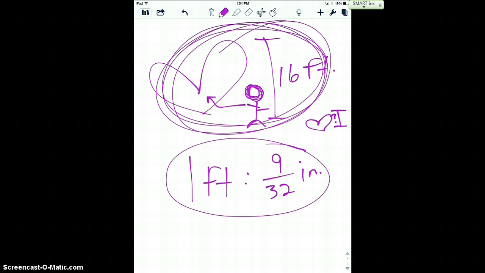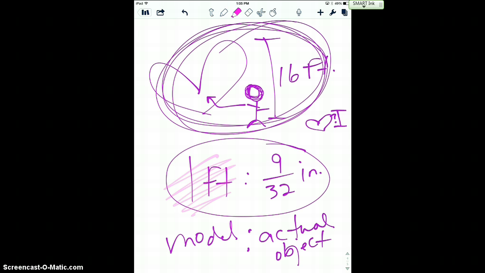So the scale of a model is the ratio of the length of the model corresponding to the length of the actual object. So in this case, for every foot in the model, it represents 9/32 of an inch in the actual object.